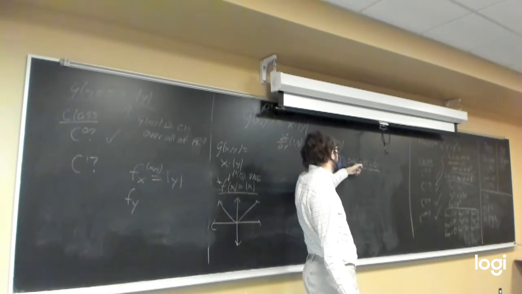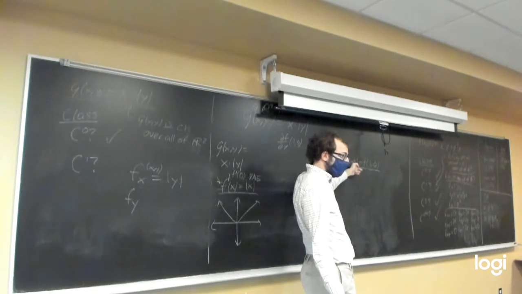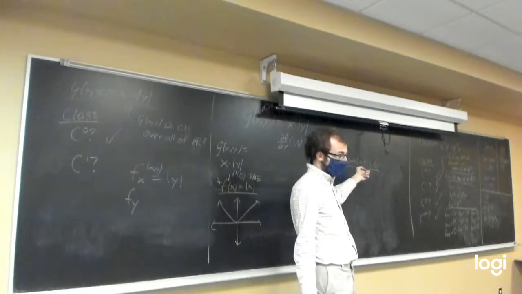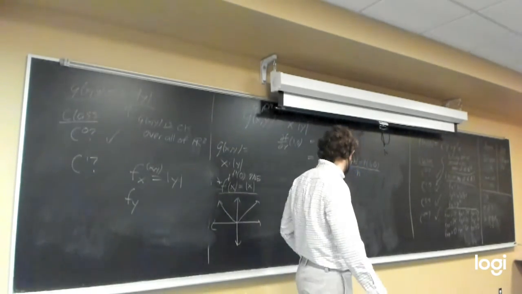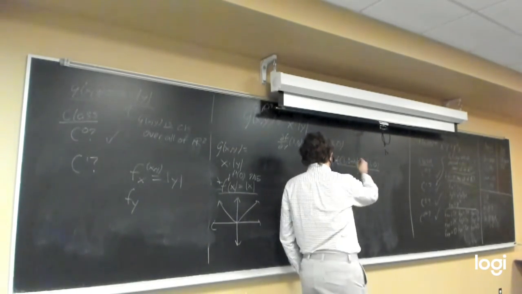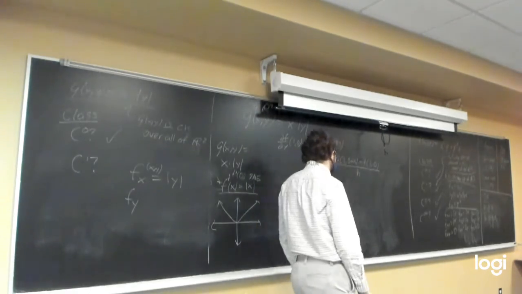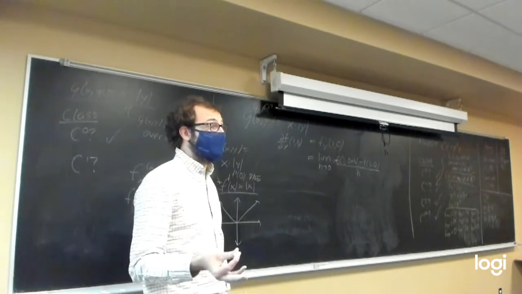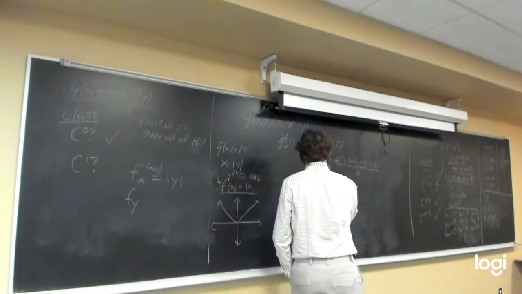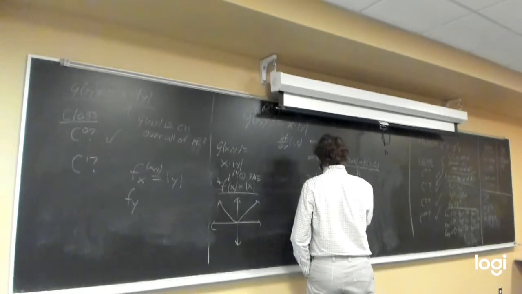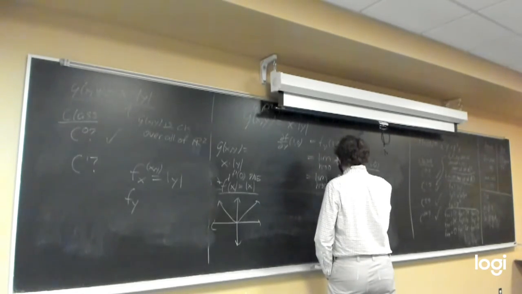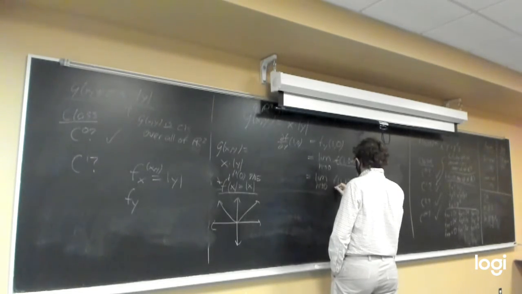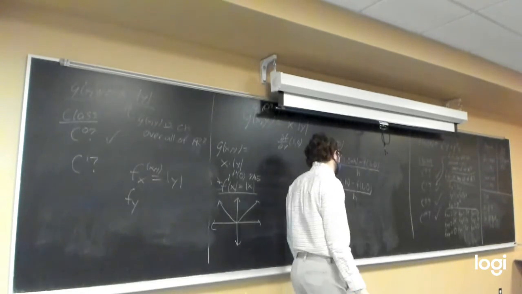If it was f sub x, we take f of 1 plus h, 0 instead. And then when we subtract these, divide by h, and take a limit as h goes to 0, that'll give us our partial derivative of f with respect to y. So in other words, it's going to give us a limit as h goes to 0 of f of 1 comma h minus f of 1 comma 0, all divided by h.